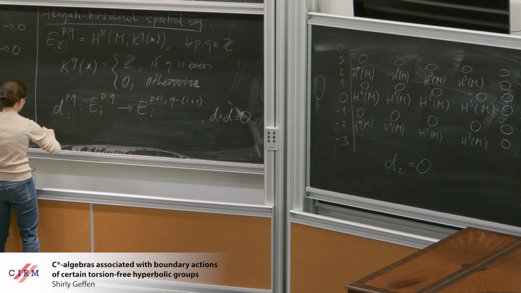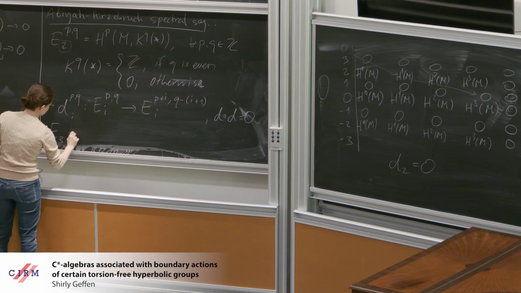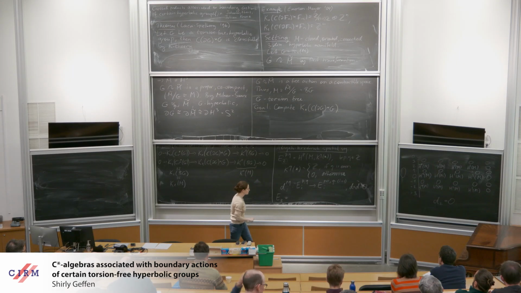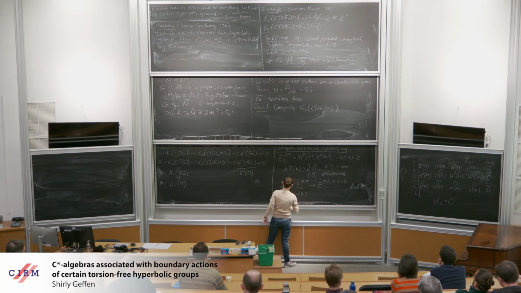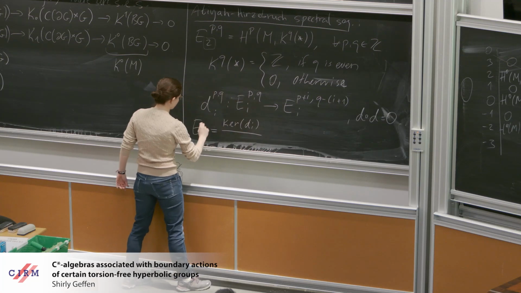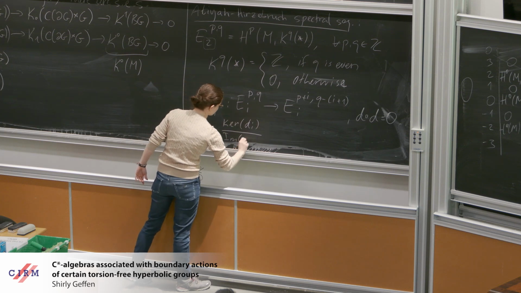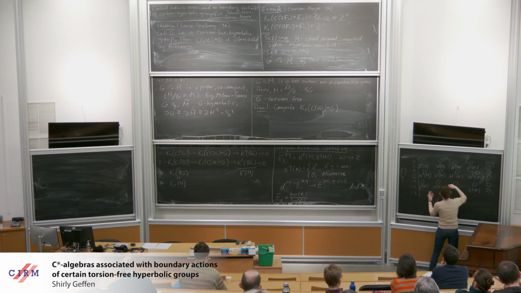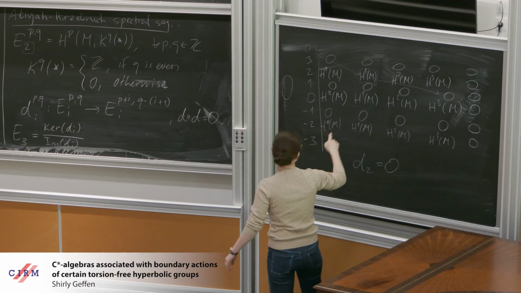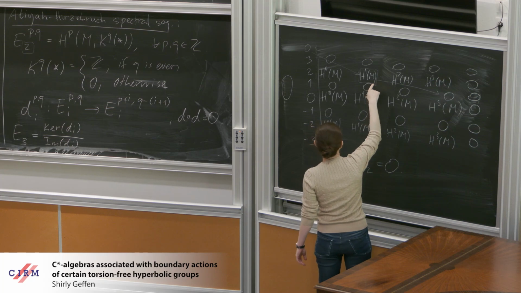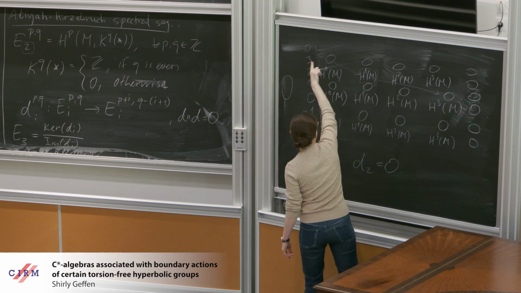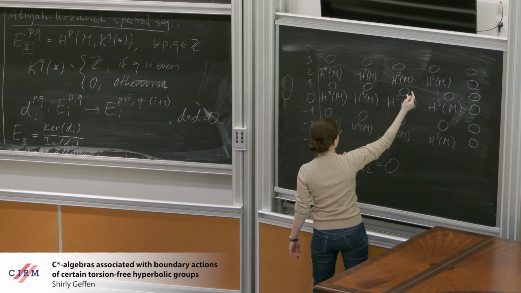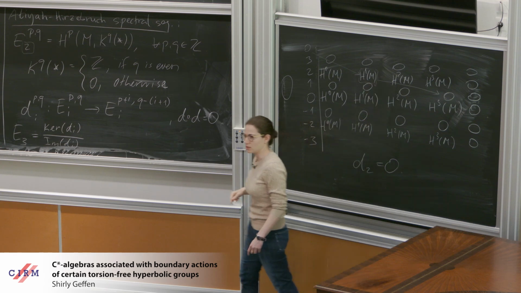So in other words, E3 is the kernel of d_i modulo the image, and I have to specify coordinates, but I'm not doing it here because it doesn't add much information. But if you want to get this coordinate in the third page, you have to consider the kernel of this map divided by the image of this map, which is fine because the kernel contains the image.